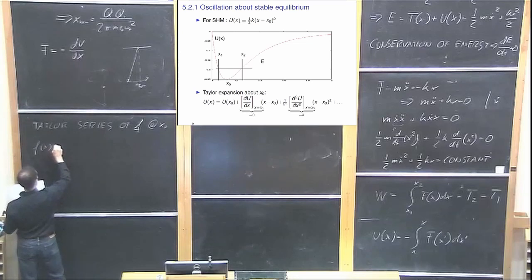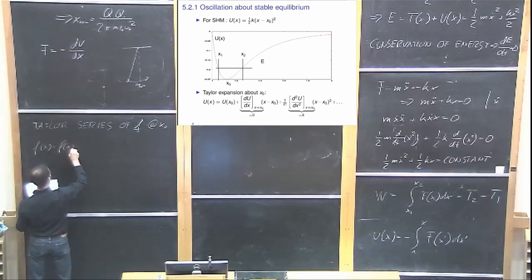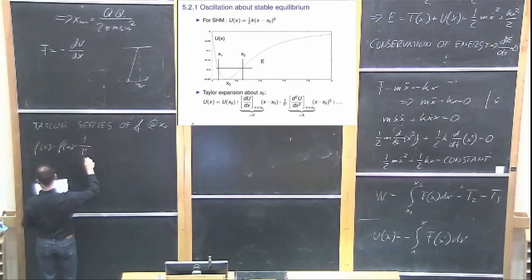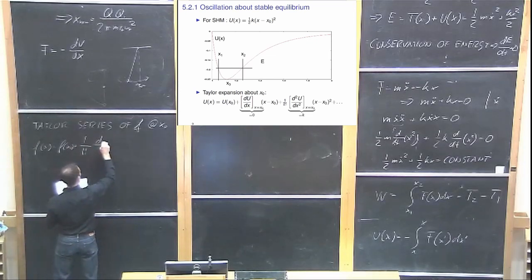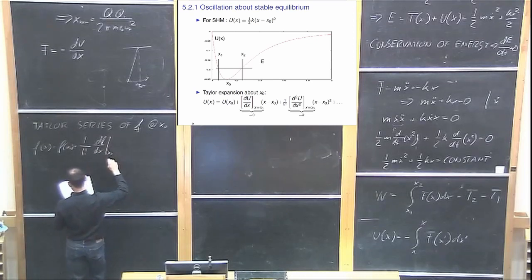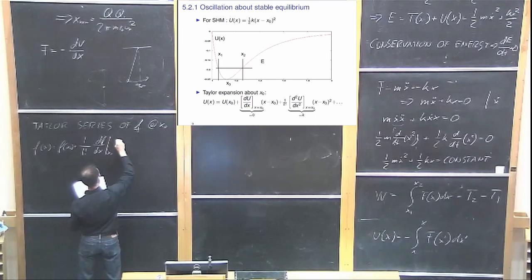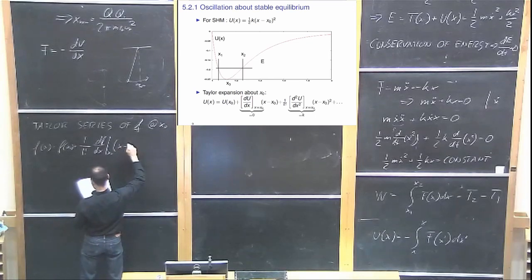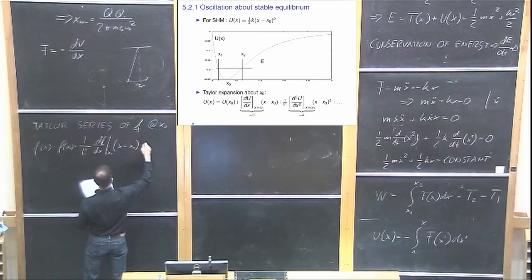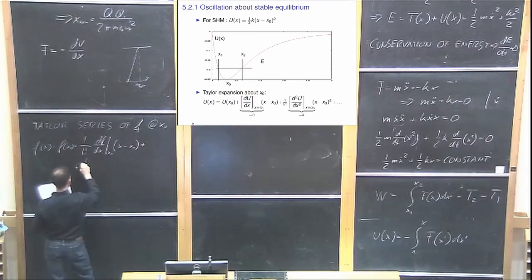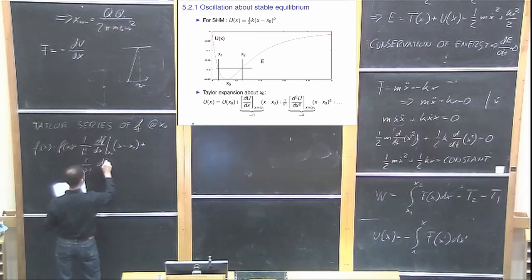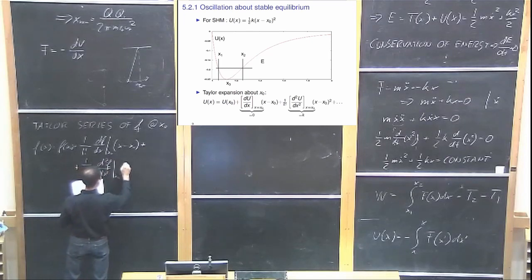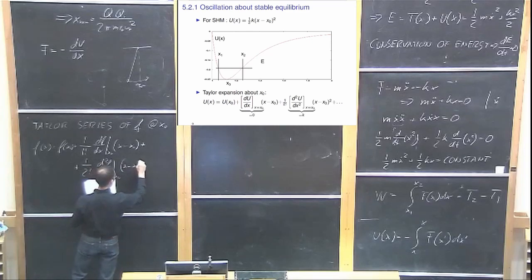f equals f at x naught plus 1 over 1 factorial df by dx, the first derivative evaluated at x equals x naught, times (x minus x naught), plus 1 over 2 factorial d squared f over dx squared evaluated at x naught, times (x minus x naught) squared.